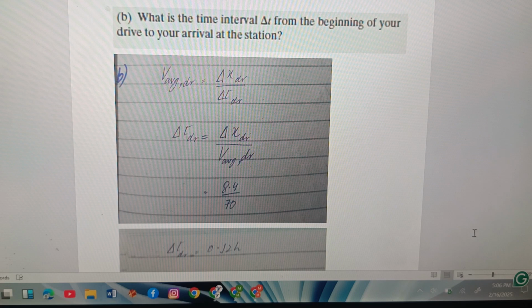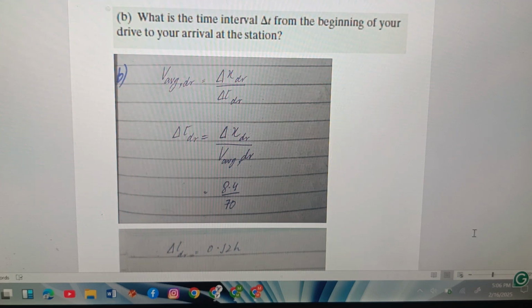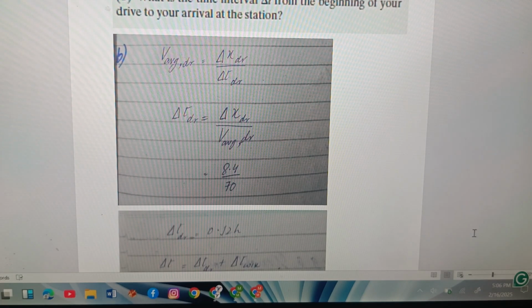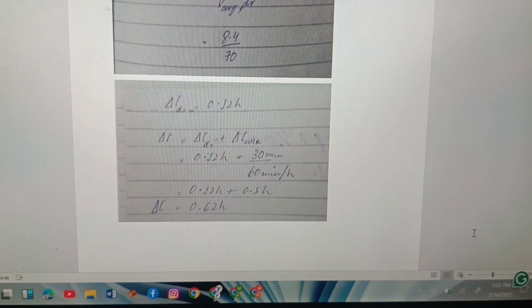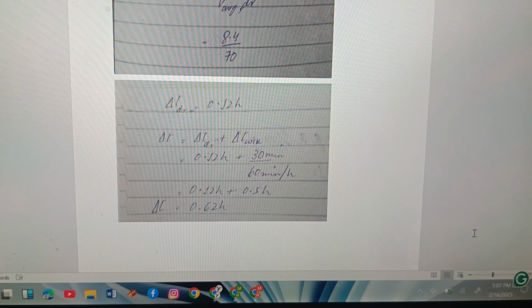Since the average velocity is the driving speed, del x of drive over del t of drive. From here we will make del t the subject and calculate the time that it took us to travel the 8.4 kilometers. So we will divide the distance 8.4 by 70, which was our initial driving speed. From there we will get our driving time in hours, which is equal to 0.12 hour.